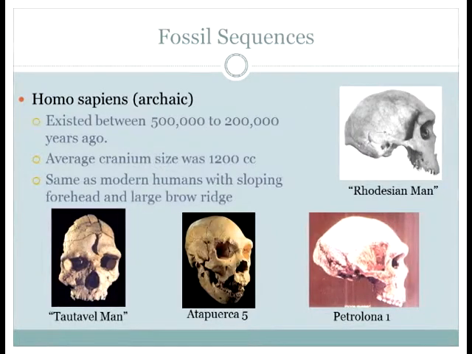We move on and we come to what we call archaic Homo sapiens. That's the earliest forms of our own species, Homo sapiens. Archaic Homo sapiens fall into layers that date roughly between 500,000 to 200,000 years ago. Average cranium size is 1,200 cubic centimeters. So this is the average size.